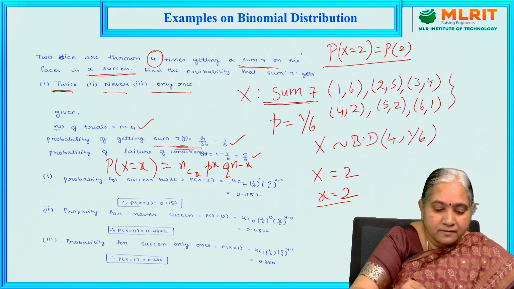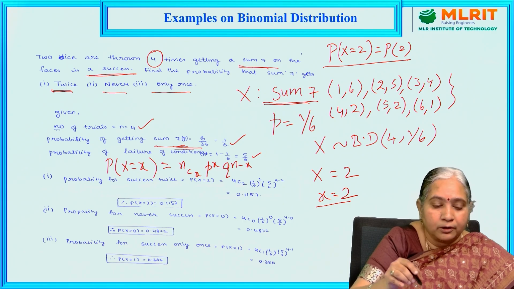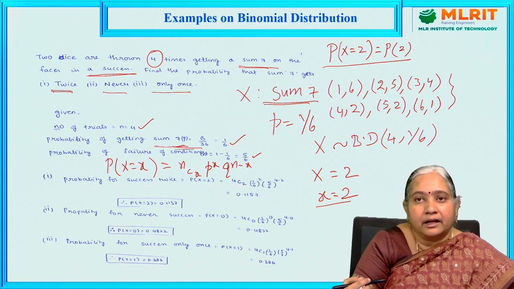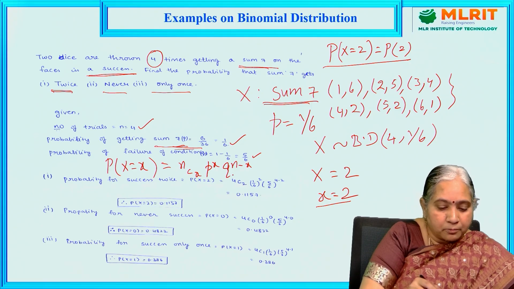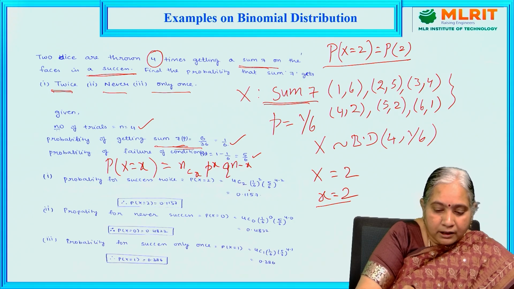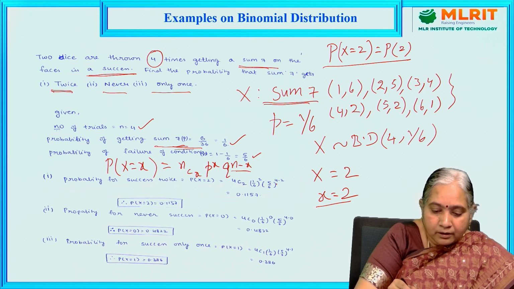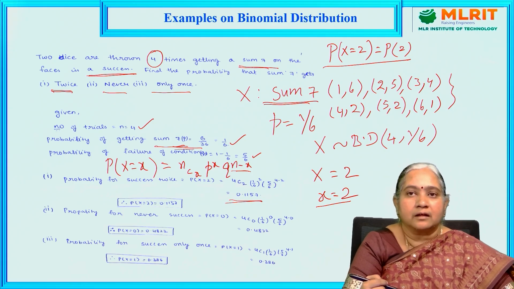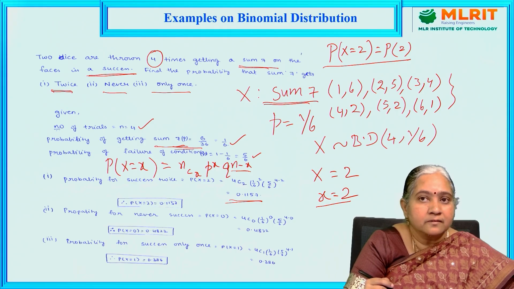So what is the probability of getting exactly 2 successes out of 4? We apply this formula: 4C2 times 1 by 6 squared times 5 by 6 to the power 4 minus 2. After simplification we get the probability. This many chances are there to get the sum 7 2 times out of 4.